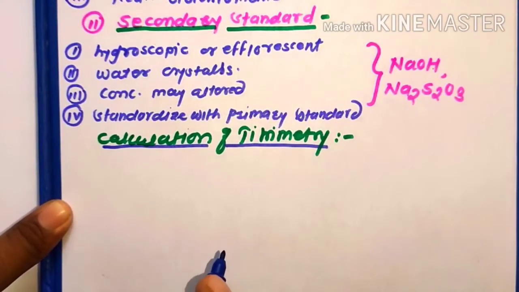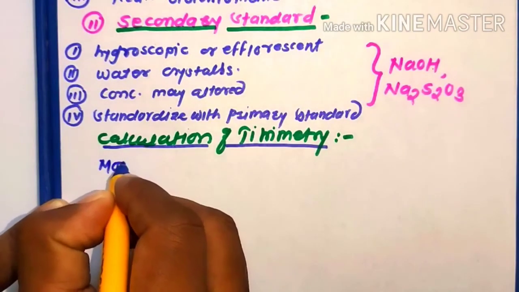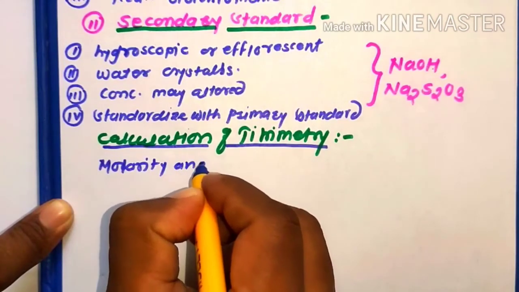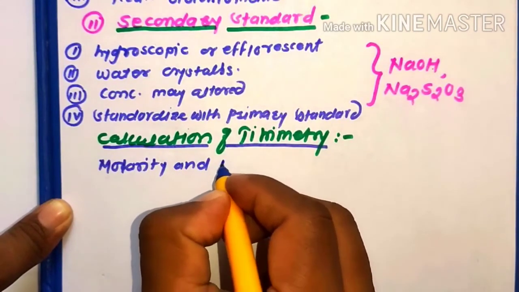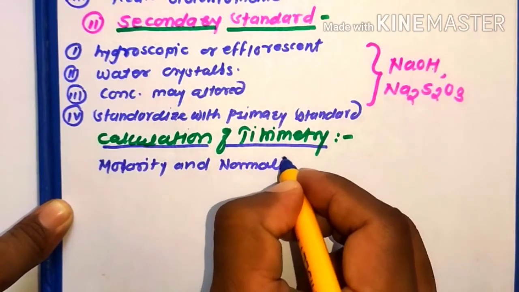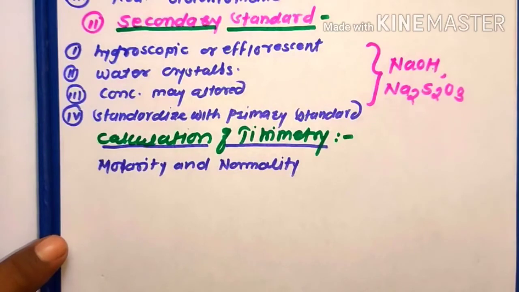The basic concepts involved in the calculation of titrimetry are molarity and normality. These are the two important concepts to calculate the actual concentrations in titrimetric analysis.